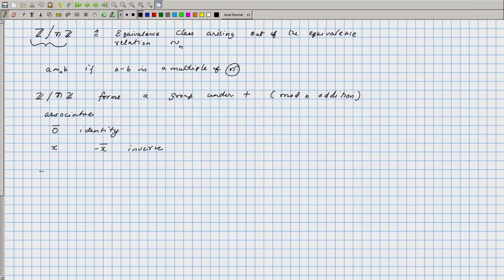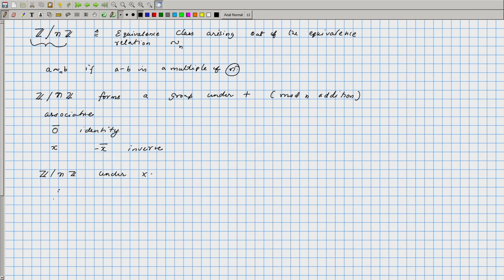Now, let us look at Z mod nZ, the same set, under multiplication. Let us take an example.